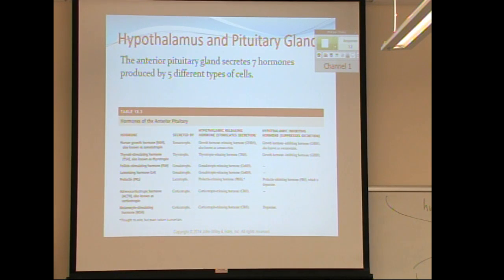So what I was doing is an arrow for activate and a T for block. So this one would be the activate right there, and then this one would be the block. But it's specific to certain ones. So like the GHRH, it'd go down here and then activate HGH.